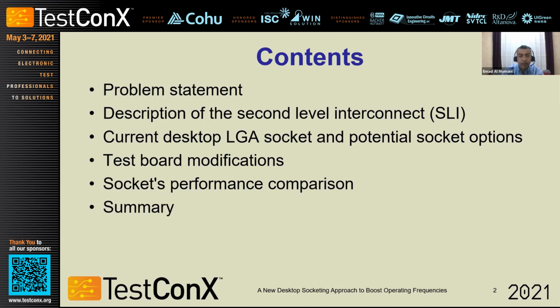We'll go over the board modifications that we had to do in order to enable socketing with the new socket technologies. Then we'll provide a summary of the performance, comparing the baseline LGA socket versus the other two sockets. That's the overall agenda.